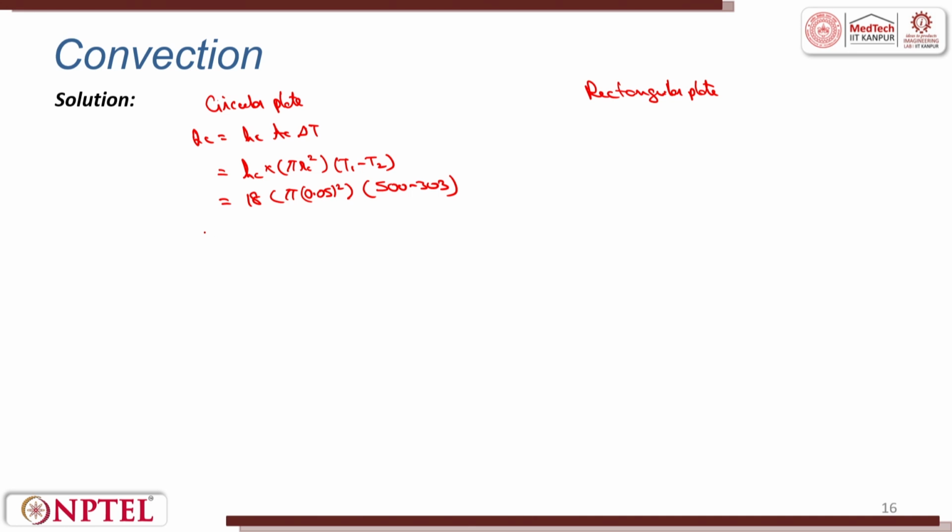I got the value of QC as 27.836 watt. For a rectangular plate, we have QR is equal to HR into AR into the temperature gradient.